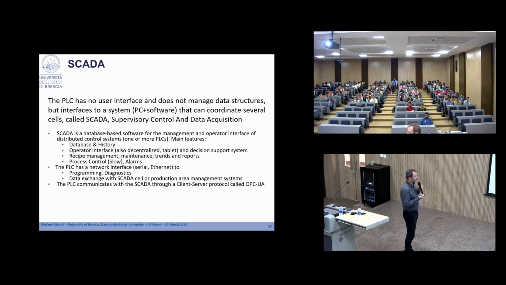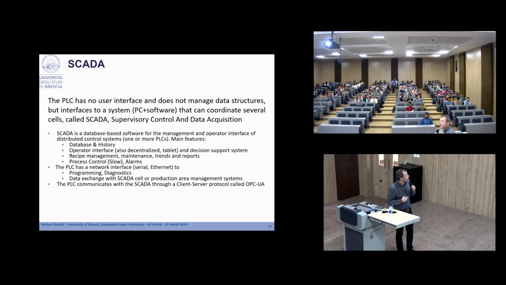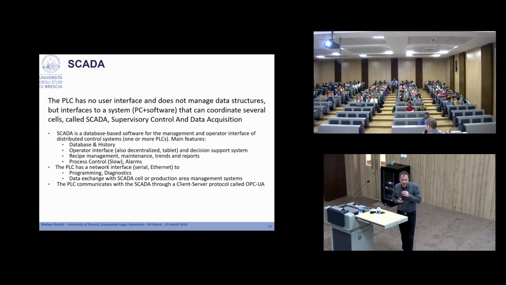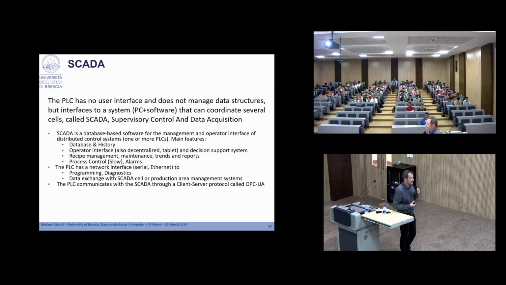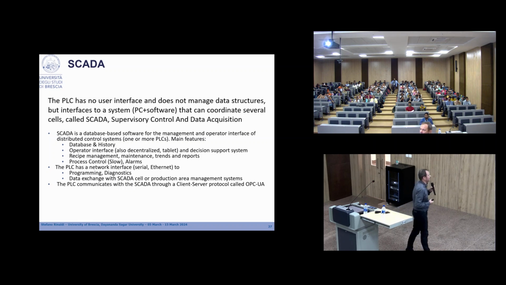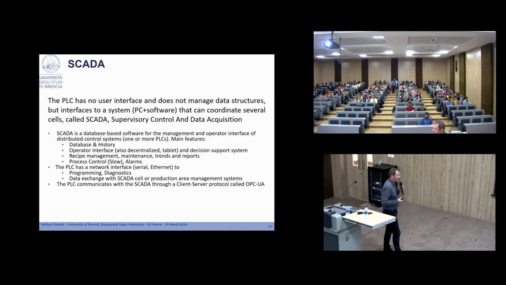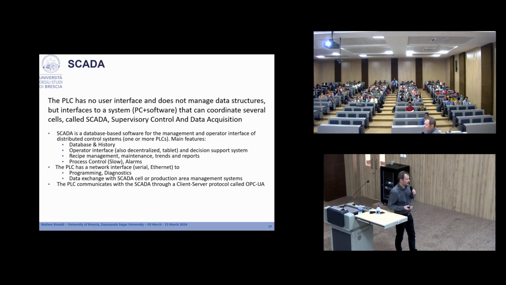And another important functionality of a SCADA system is the decision support system. So basically, on the data coming from the plant, the operator is able to take some decision to modify somehow some of the parameters of the plants. The SCADA system is used to manage also the maintenance, the generation of reports for the management, and so on.